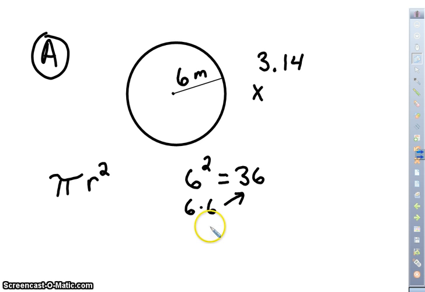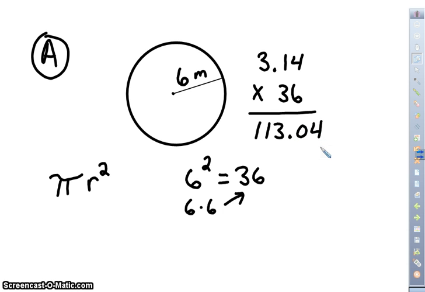Make certain you are doing that. That's probably the number one mistake that's made in solving this particular problem. So we're going to multiply it by 36, which when you take 3.14 times 36, this is where you can use your calculator and plug it in. 3.14 times 36, and I'm doing that now, and you get 113 and 4/100ths.